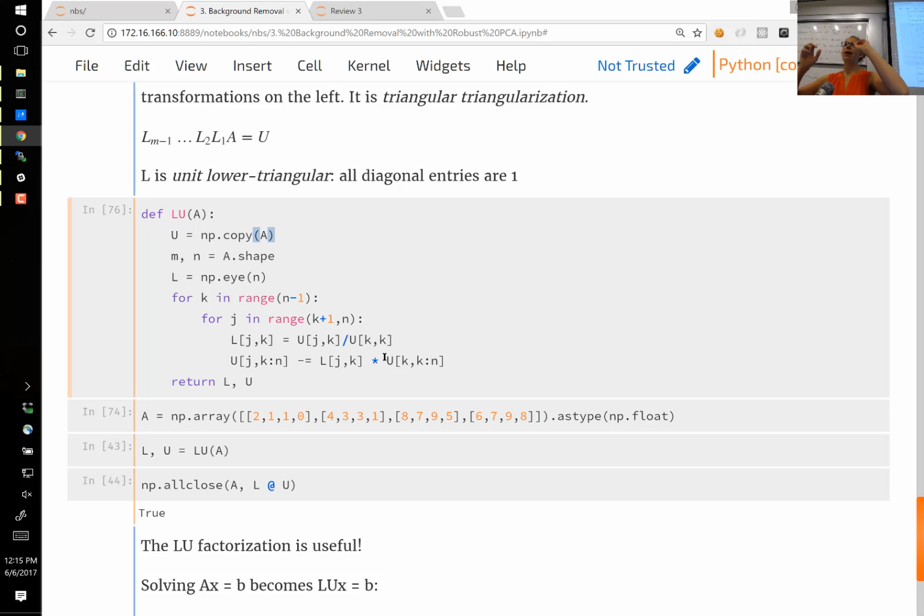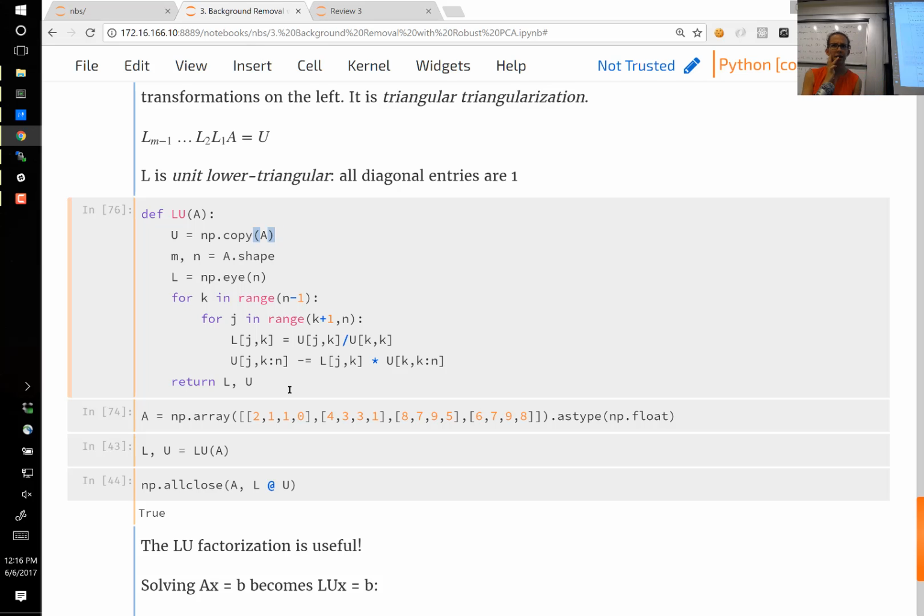So that's seeing how whatever spot we're at compares to the diagonal, which is U_KK. And then we subtract off that times U[K, K:N], which is giving us the kth row, the remaining columns. So this is just the process that we did before, put into code. And then we return L and U at the end.